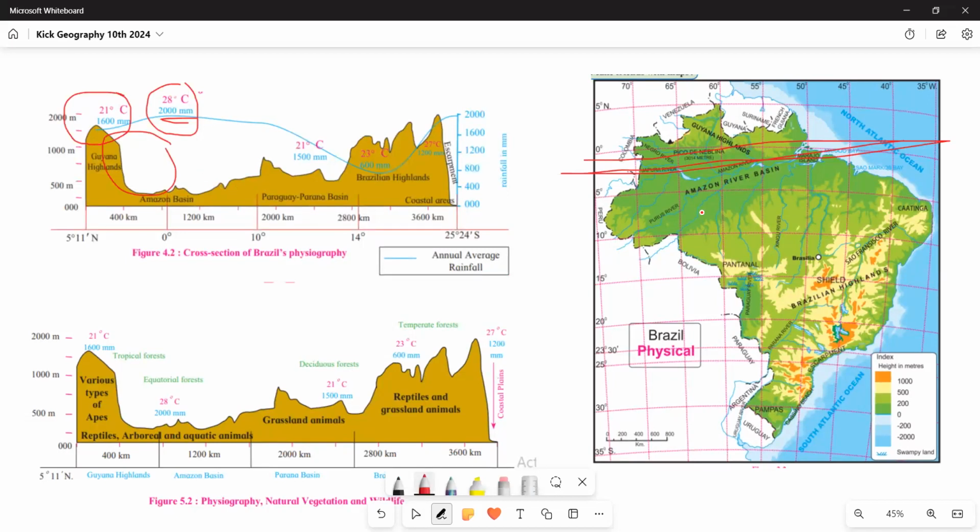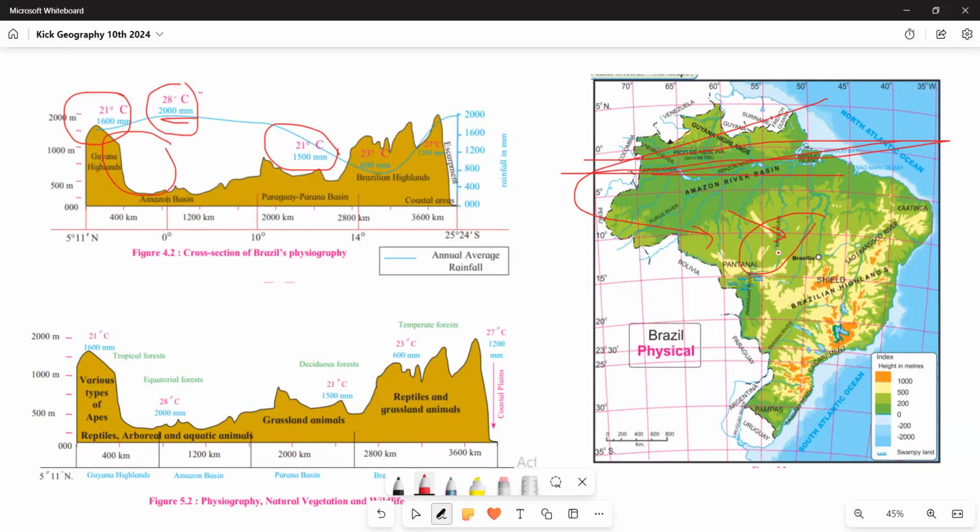As you move further in this direction, you've got a region which is a little bit more elevated, but the rainfall is orographic rainfall. Why do you get orographic rainfall over here? The winds get reflected from the Andes, come this side and cause orographic rainfall. In the equatorial region, it is equatorial rainfall, whereas in this region, it is orographic rainfall. So again, the rainfall is high.